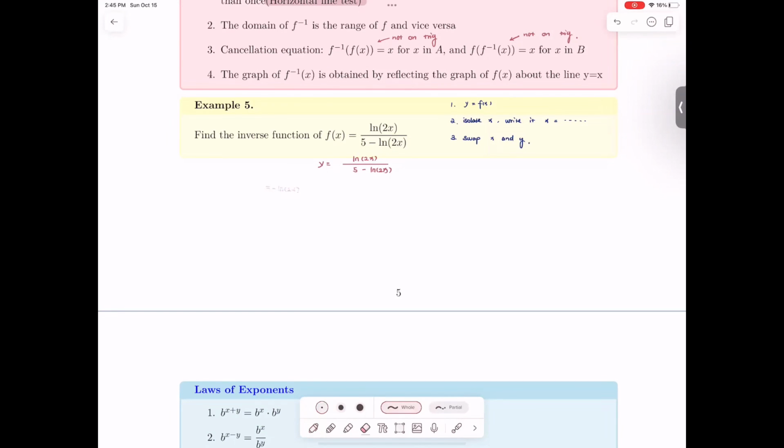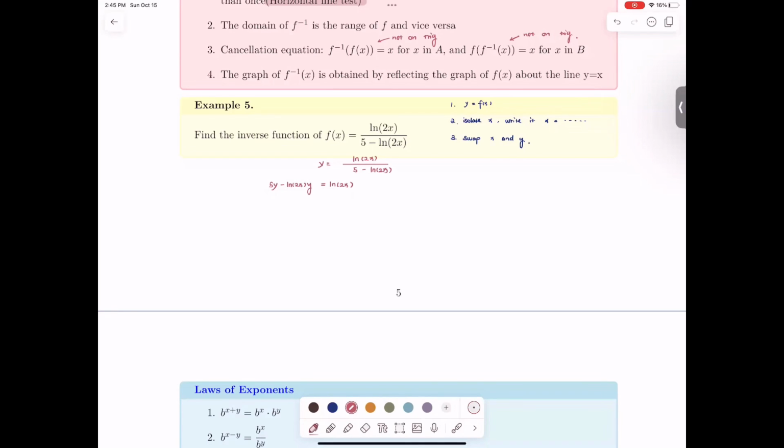Hold on. Let me just do it directly. 5y minus ln 2xy equals ln 2x. Okay?